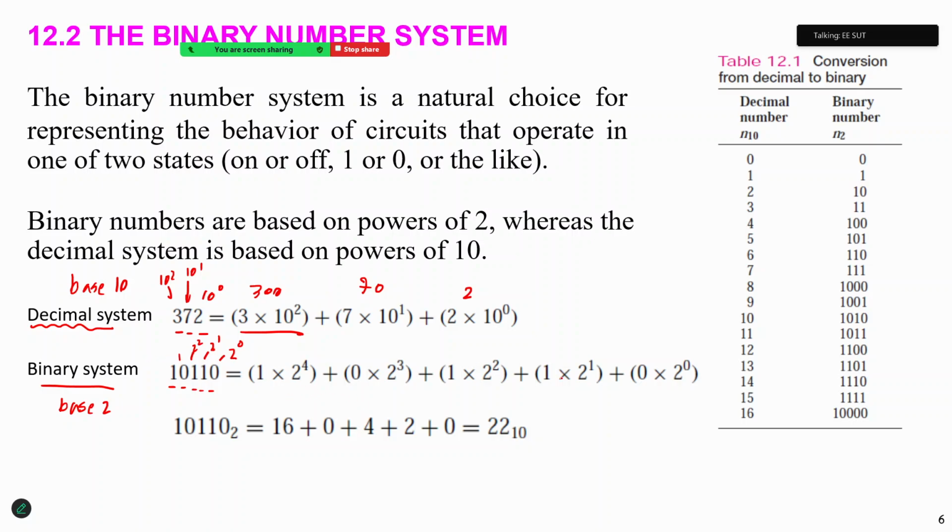In this case, the value is 0 times 2 power 0, which is 0. 1 times 2 is 2, and this is 4, right? This is 2, this is 0, this is 2, this is 4, this is 0, and this is 16, right? So the total value is 22 of base 10. So 10110 in base 2 is equal to 22 in base 10.